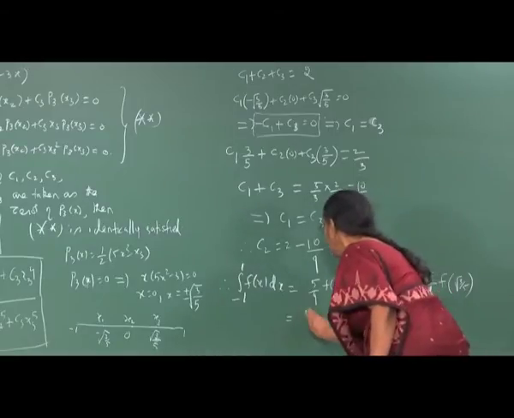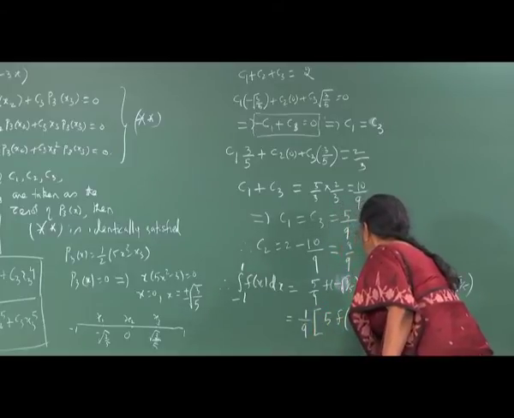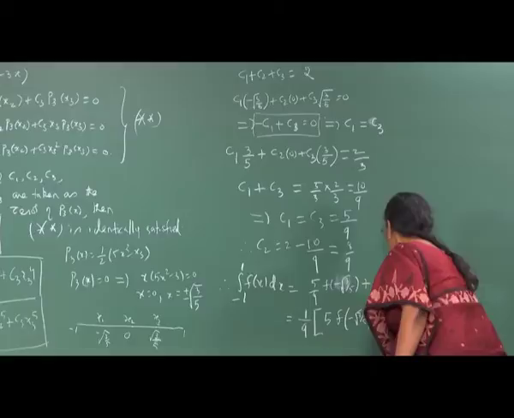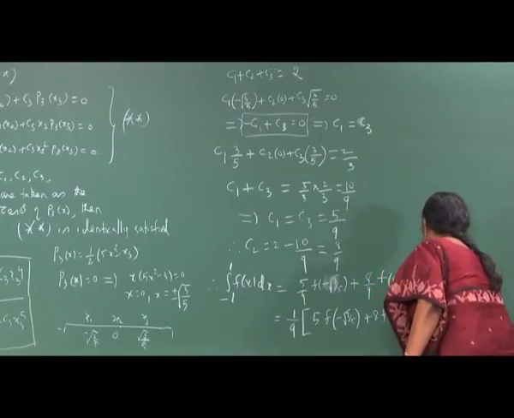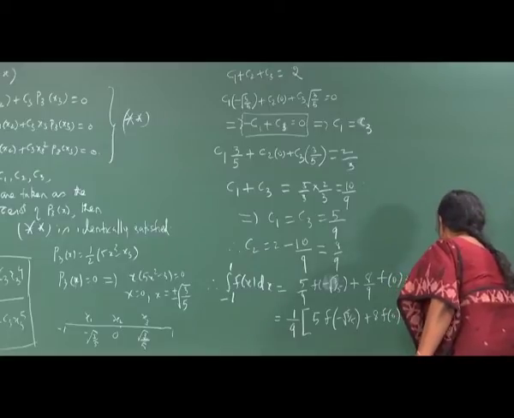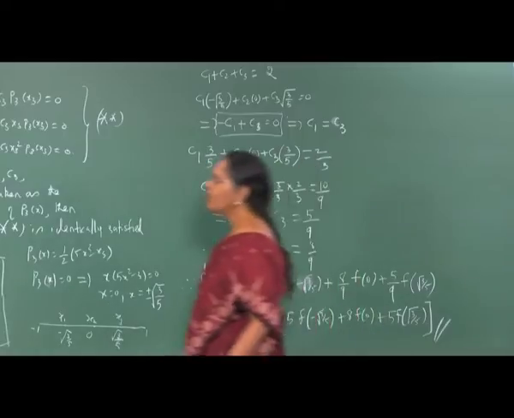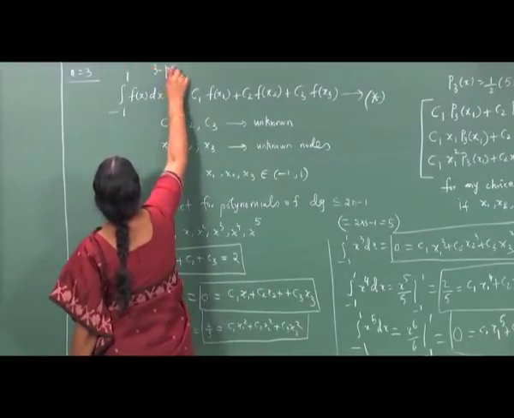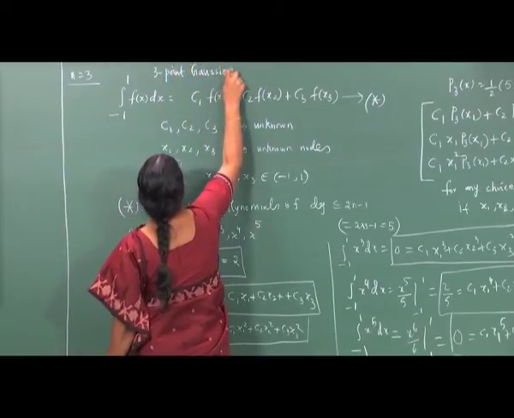So, the method is 1 by 9 times 5 into f at minus root of 3 by 5 plus 8 into f at 0 plus 5 into f at root of 3 by 5. This is our 3-point Gaussian quadrature method. So, we have derived the 3-point Gaussian quadrature method.